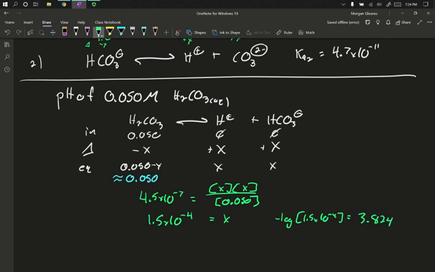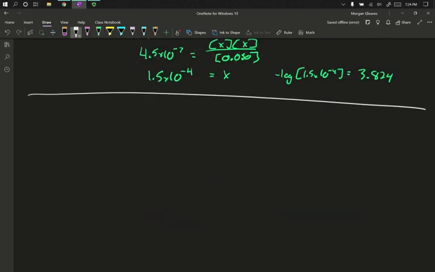So if we put just the weak acid in its fully protonated form into water, we expect this first step to happen and to free up 1.5 times 10 to the minus 4 H plus. Well, then let's think about our second step. Simply put, we can imagine our second step has HCO3 minus reacting to give away H plus and carbonate.